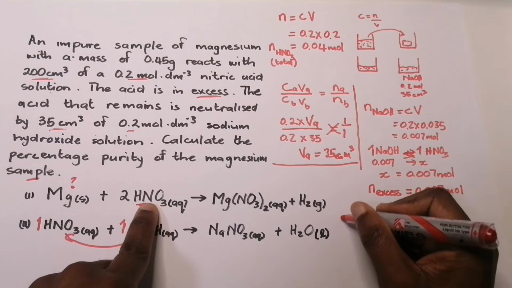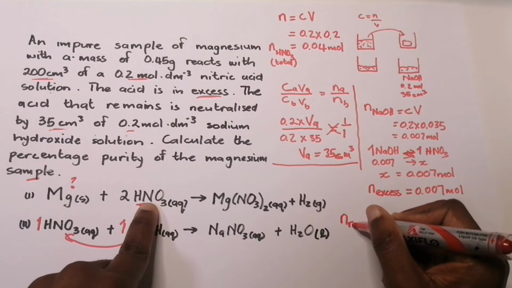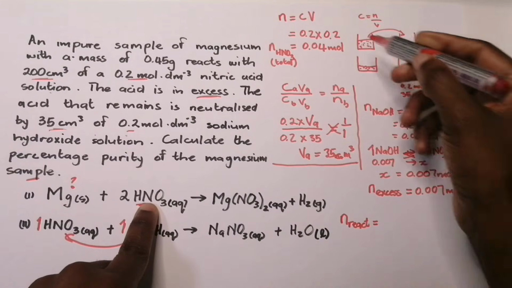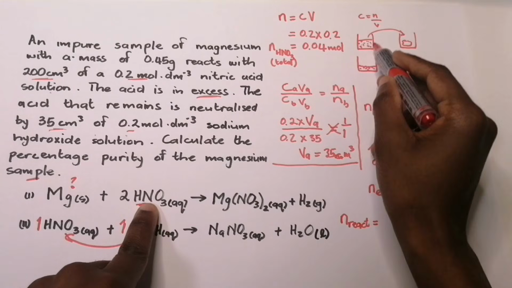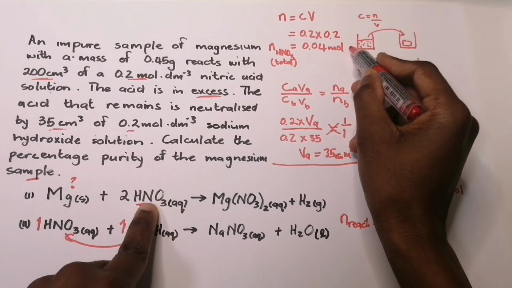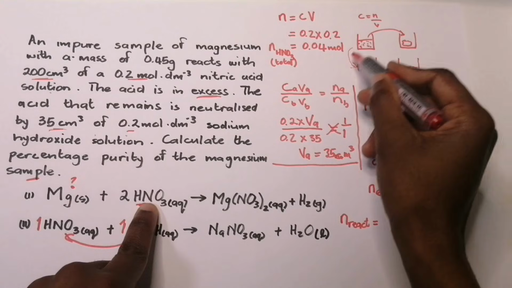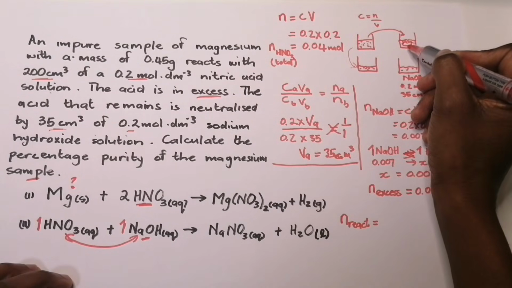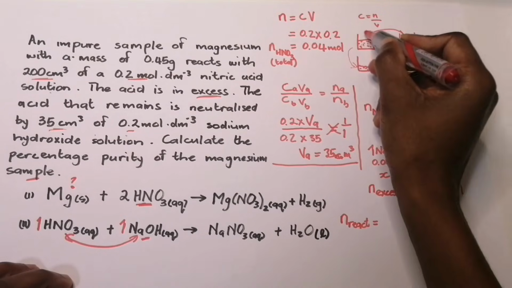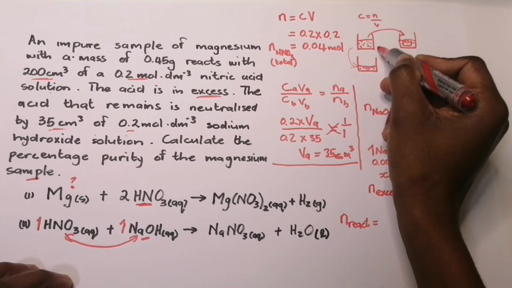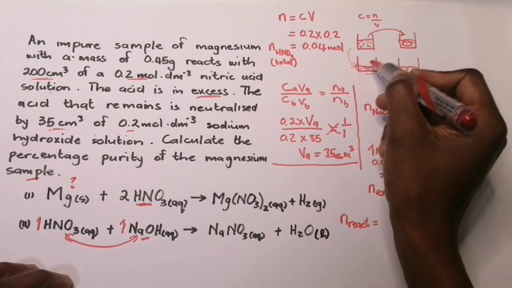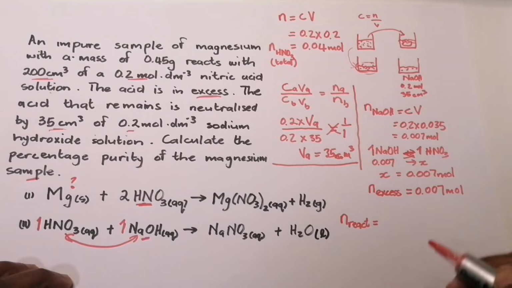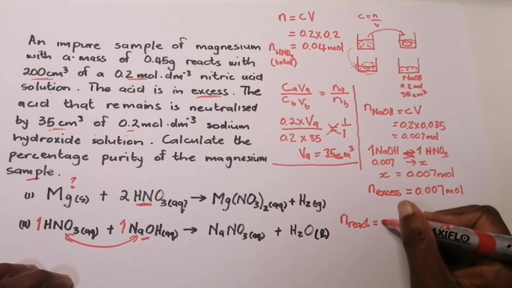The number of moles of nitric acid that actually reacted will be the difference between the total amount that we started with, minus the one that was in excess. Whatever I used of the nitric acid would be the difference between what I had in total and what I had in excess. I hope that makes sense, ladies and gents.